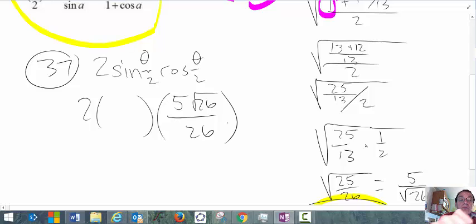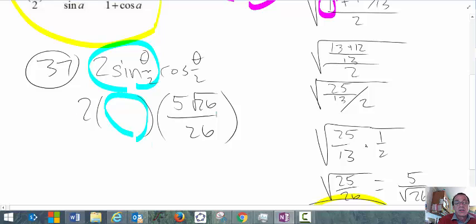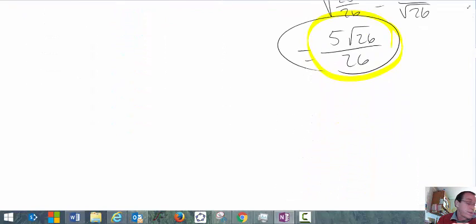Now, where are you going to get the sine from? Well, if you look in the book, that's actually the answer to number 32. So once you put that answer to 32 in here, this thing simplifies itself rather nicely, and you'll end up with a very easy to recognize answer. Let's just put it that way.